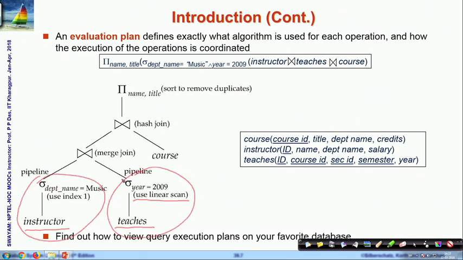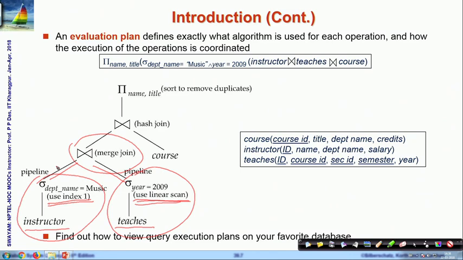So, when we do this, here we will use this index, here we will use a linear scan. These are what are called annotations, which tell the query processing engine how the query should actually be executed. Then this will be pipelined in the sense that it will be put one after the other. Actually, these two can happen in parallel, and then we will use a merge join to join these two.